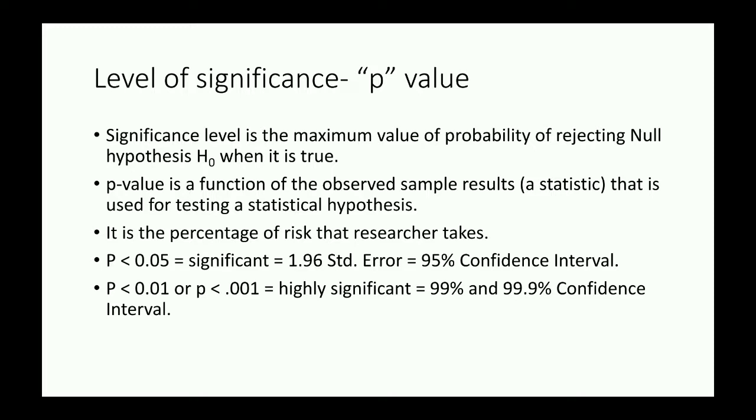So we can take only 0.1% risk that we are interpreting our results wrongly. So 0.1% significance means a p-value of 0.001, which is highly significant. And the confidence interval here is 99.9%. That means our results are 99.9% accurate.